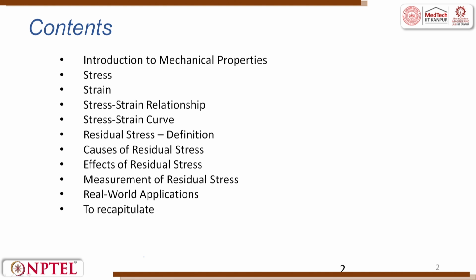That is the residual stress. So, we will see what is residual stress, what are the causes for residual stress, what is the effect of residual stress on performance, then measurement of residual stress, real world application, and recap.